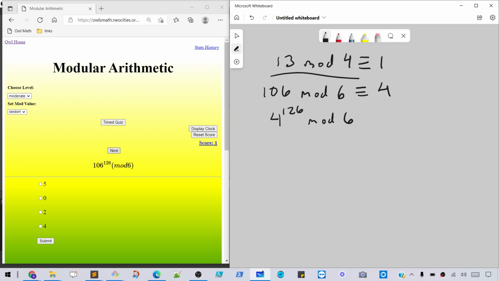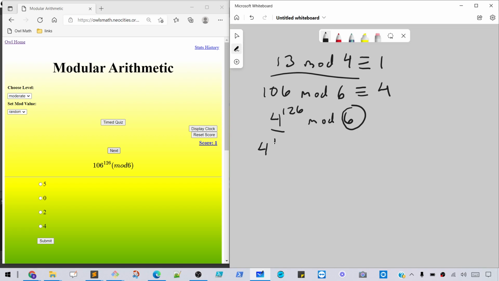And because 6 is not a prime, you can't use Fermat's little theorem here. You can't use Euler's theorem either, since 6 and 4 are not relatively prime. It's a little overkill, but we can do Chinese remainder theorem, kind of real quickly.